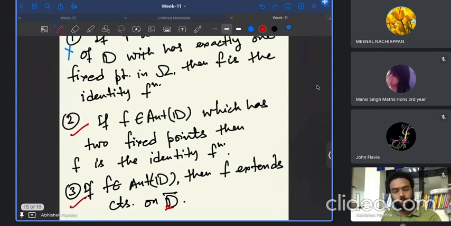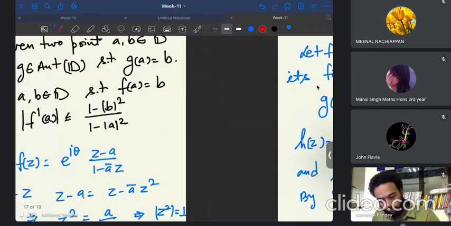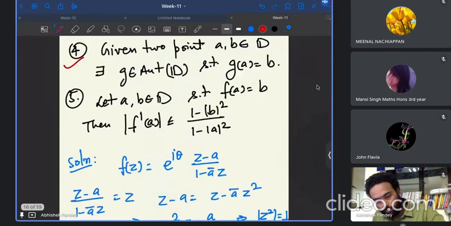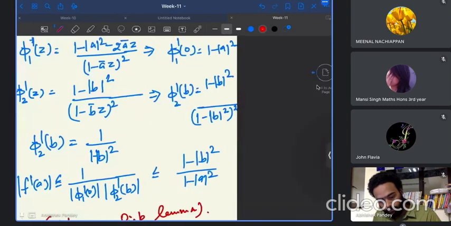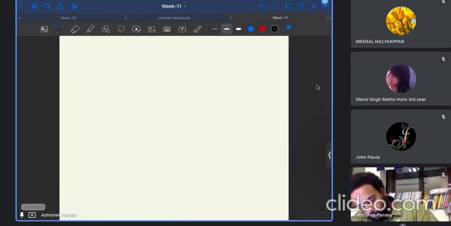But for one fixed point, you can construct a function which is not an identity function. Is it clear? Yes, sir. So this option is also correct. Let us look at the next problem.